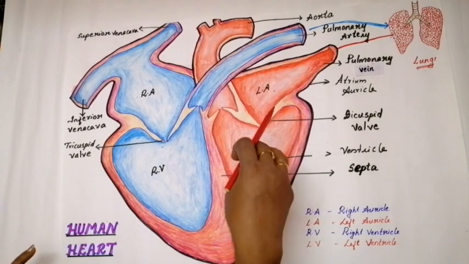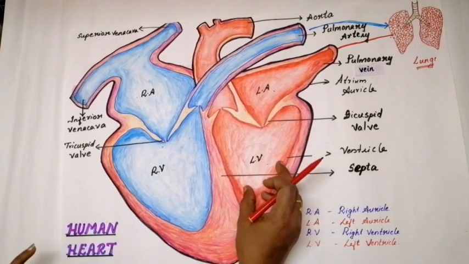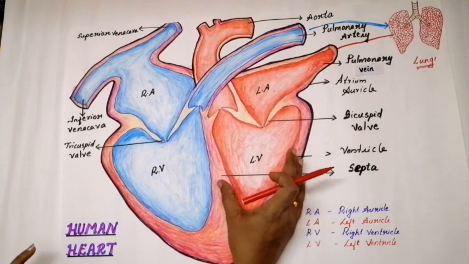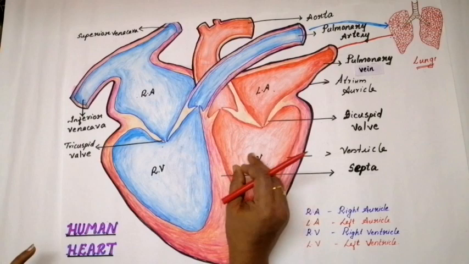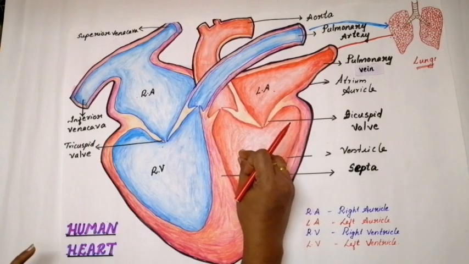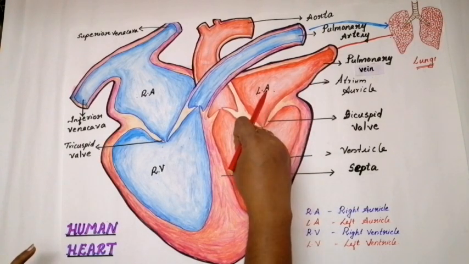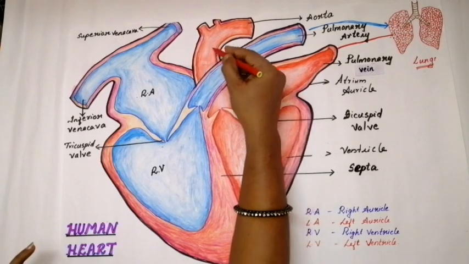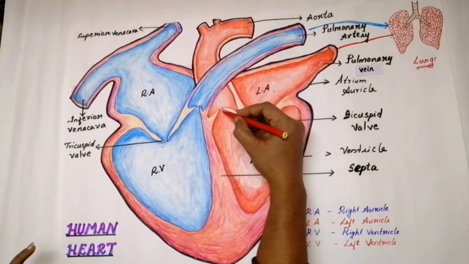Now when the left ventricle is filled with blood, there exerts a pressure, and this left ventricle contracts. Now when the left ventricle contracts, what happens? The blood present in the left ventricle enters into another blood vessel called aorta through the aortic valve or another semilunar valve.